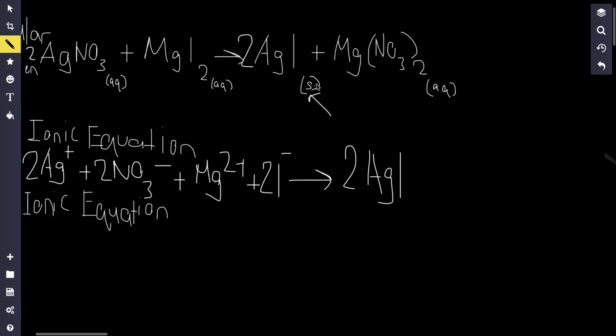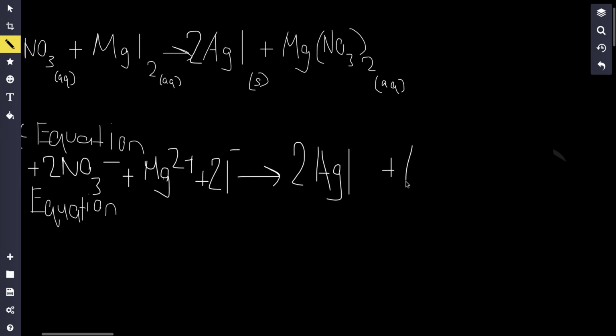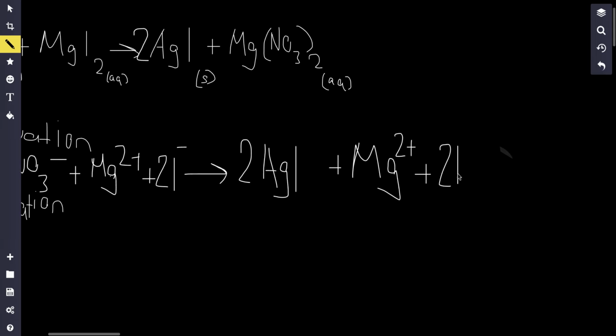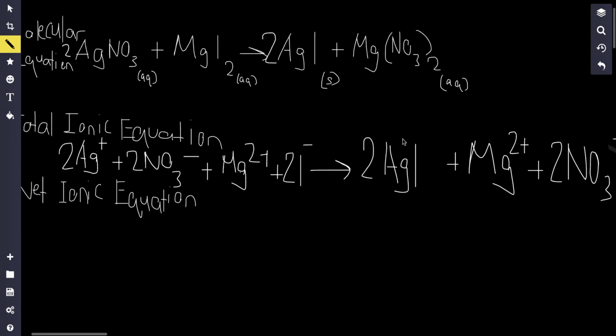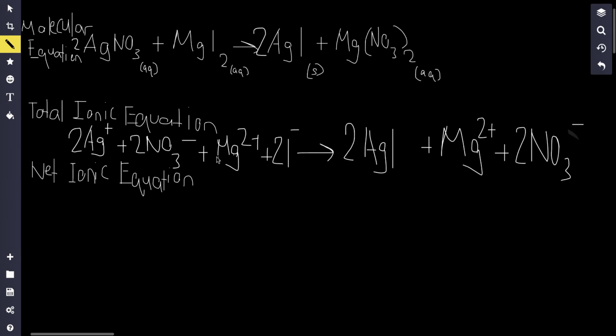It's not dissolved in water, meaning that it's going to stay intact. And then we're going to have the magnesium on this side, 2 plus, and then the nitrate, 2 NO3 minus. Okay, and there we go. This is going to be the total ionic equation. This is our solid, and the rest of these are aq, but I'm too lazy to write it out.